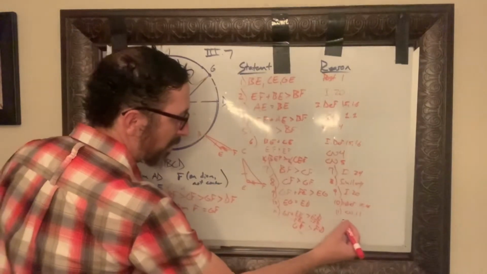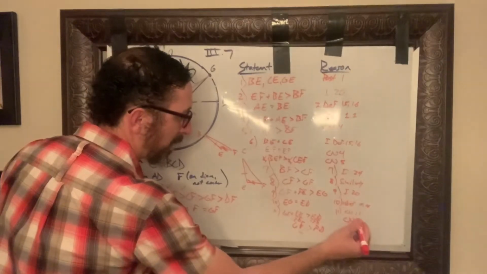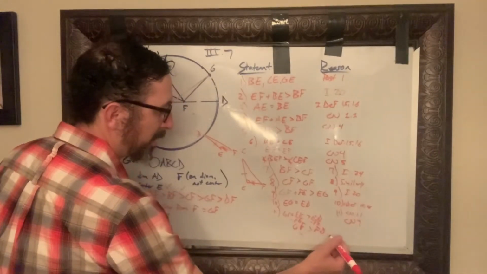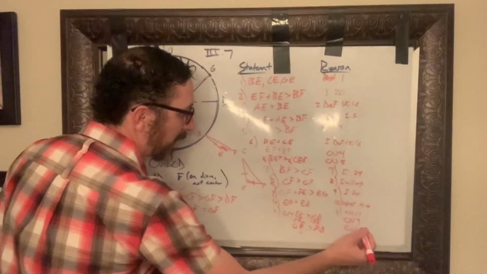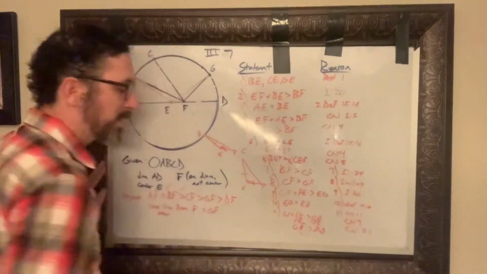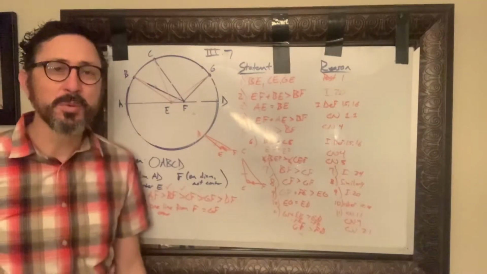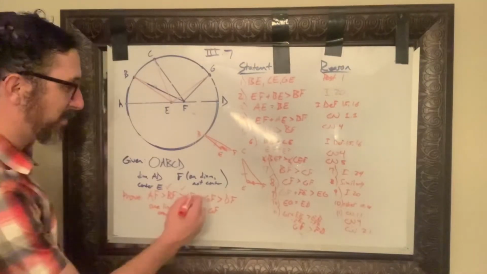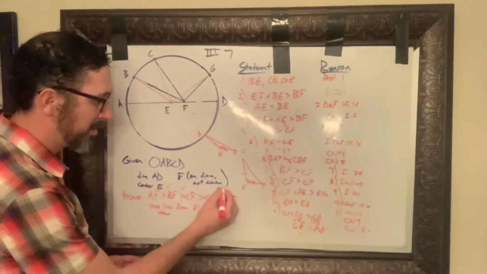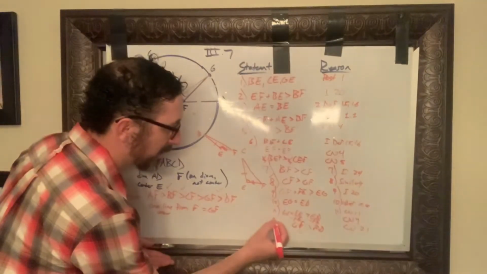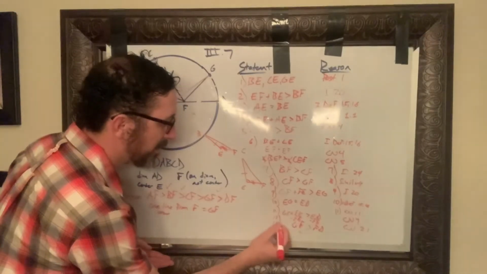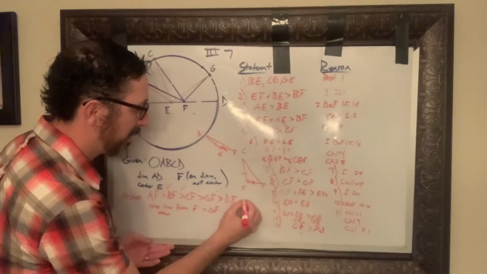Again, that's common notion 4 like above. And if I subtract equals from unequals, it's a little bit different. It's common notion 2, but since it's unequals, I call it common notion 2.1. So I've got GF is bigger than FD. So I've got the first part done. Call that 12 and 13. So that one is done.